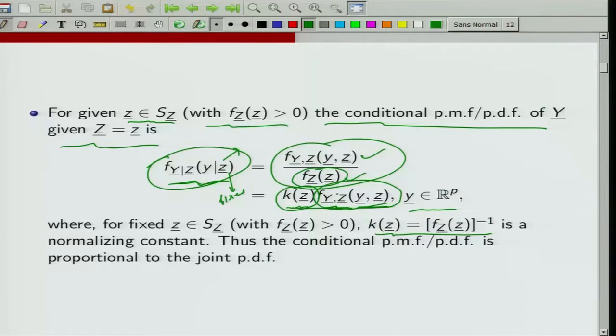So, it is a function only through f(y,z). That means what we conclude is that the conditional PDF or PMF is always proportional to the joint PMF or PDF. This is a very nice observation, and it helps us in many situations to find the conditional probability density function or probability mass function directly from the joint PMF or PDF.